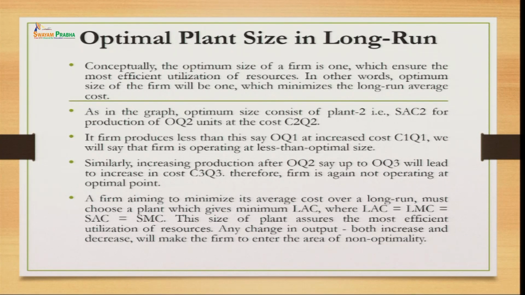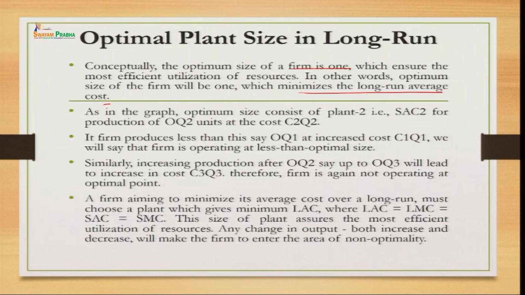As I have already told you, conceptually the optimum size of a firm is one which ensures the most efficient utilization of the resources, and in other words, the optimum size of a firm is one which minimizes the long run average cost. The point where your long run average cost is minimum would be known as the optimum point of your long run curve.